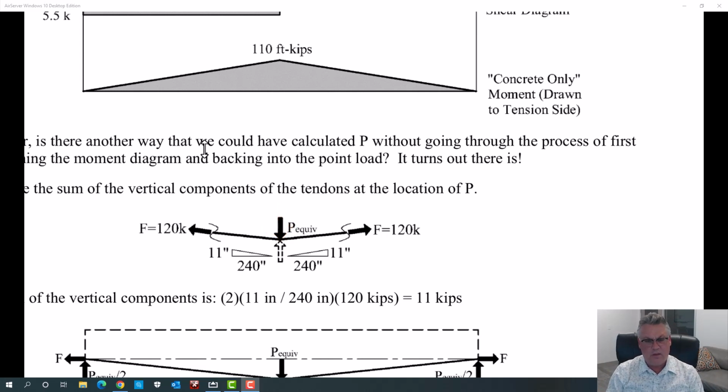And by the way, the best way to think about all of these equivalent loads is to think about that tendon floating in space, not attached to concrete, just by itself. It's taken on some shape and it's got some tension force in it. What does it take to keep it in that shape? Because any string, any cable will just try to straighten out if you pull on it.